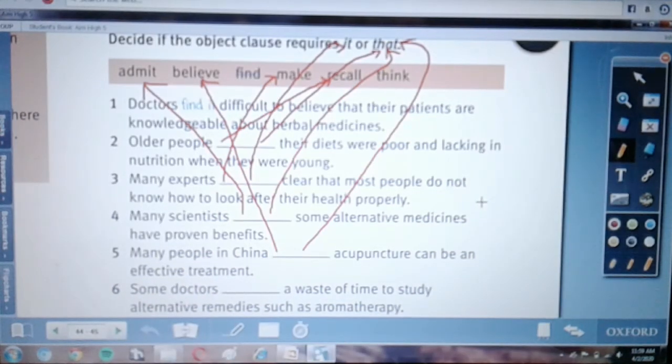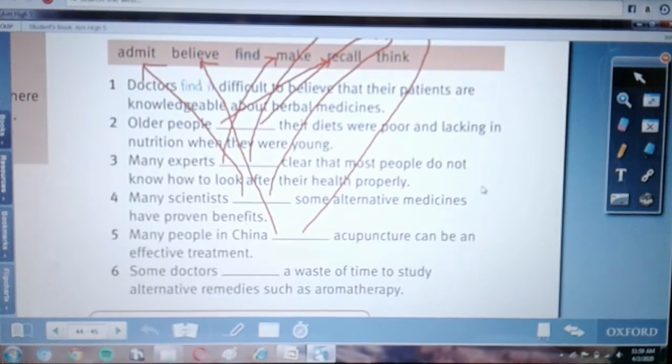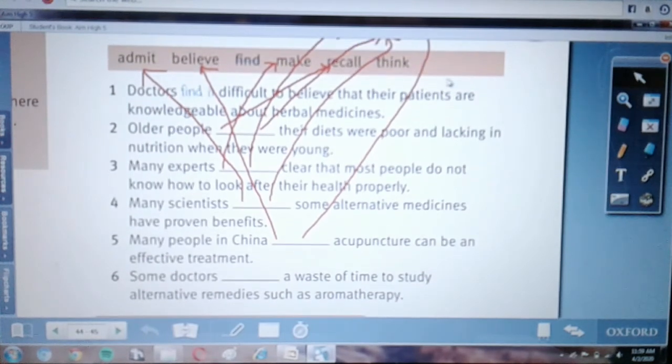So the last one for part 2, number 6. Some doctors, the main verb is think. Some doctors think blank blank blank a waste of time to study alternative remedies such as aromatherapy. Let me get my pencil first.